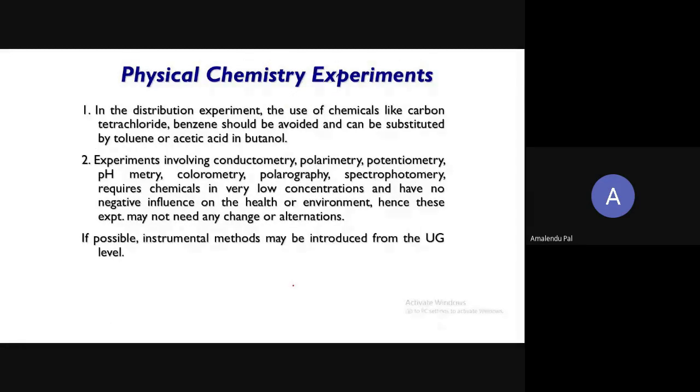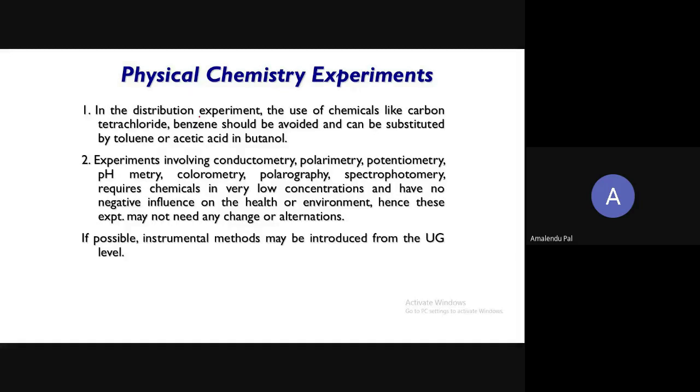In physical chemistry, as a physical chemist I can say the physical lab is a little bit safe. If we talk about the distribution experiment, some teachers may come from a physical chemistry background. My suggestion: the carbon tetrachloride-benzene distribution experiment is what we are still using till today. The problem is that it is only a mental setup; whatever is in the syllabus, we do.